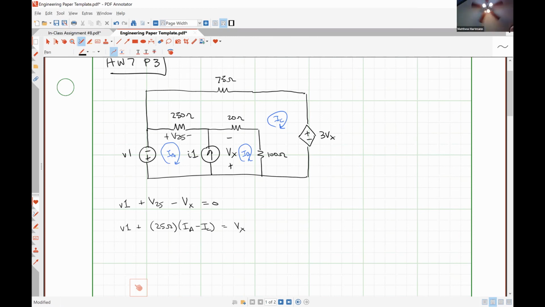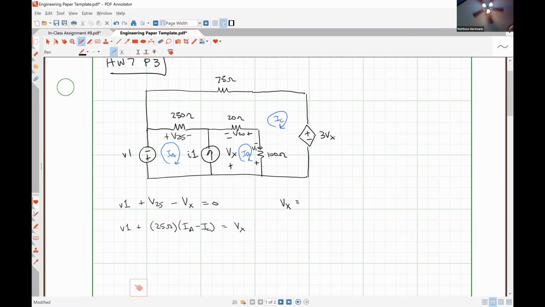You could have also done it around mesh B, where you would have, let's call this V20 and V100. And so you would have Vx is equal to, actually, let's change the polarities of those guys so that we don't have a whole bunch of negative signs. Minus, plus, plus, minus.